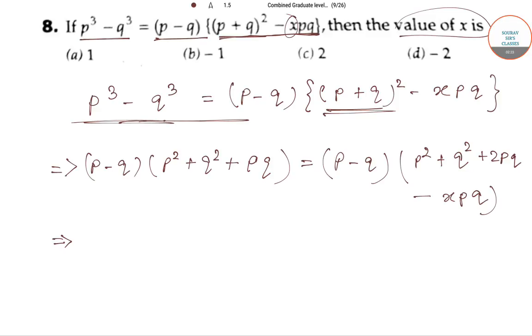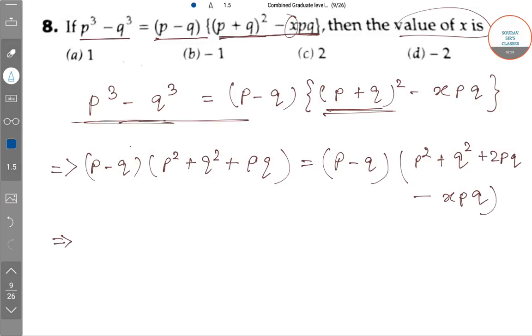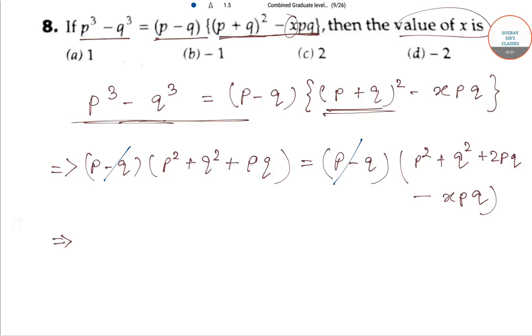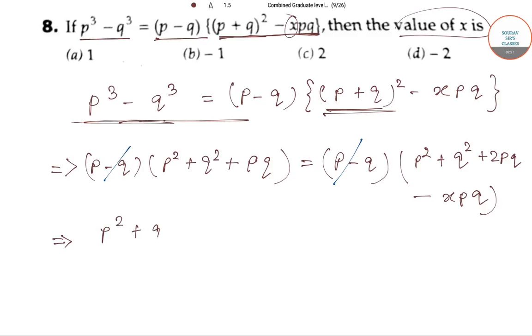So let's first change the pen color. So we can do this, and then we will have p square plus q square plus pq equals p square plus q square plus pq whole into (2 minus x), where we take pq as common.